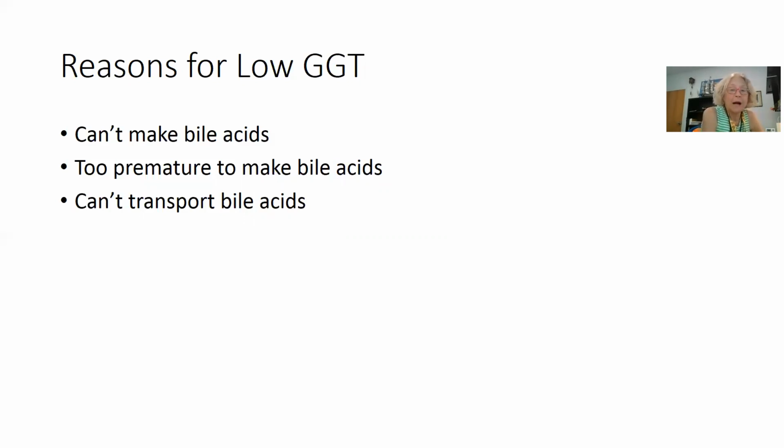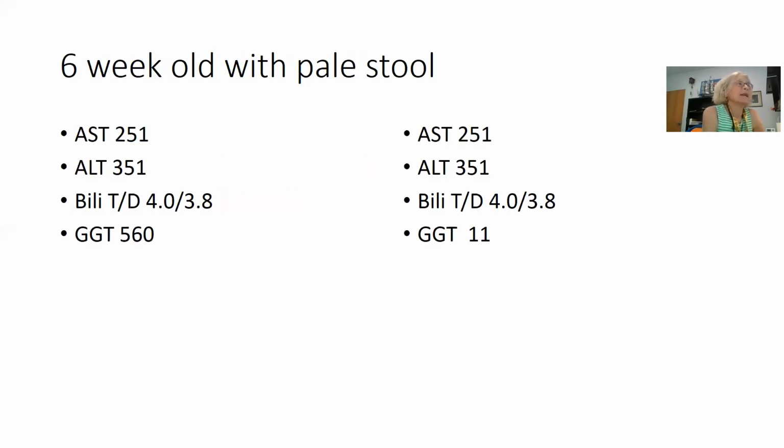And then probably the more common thing that we worry about is that you have a genetic issue where you make bile acids, but you can't transport them out of the liver cell. So the baby with a high GGT is somebody I would really need to worry about something like biliary atresia or alpha-1.